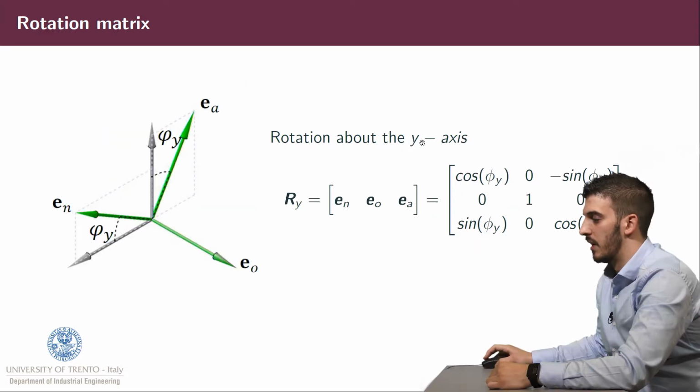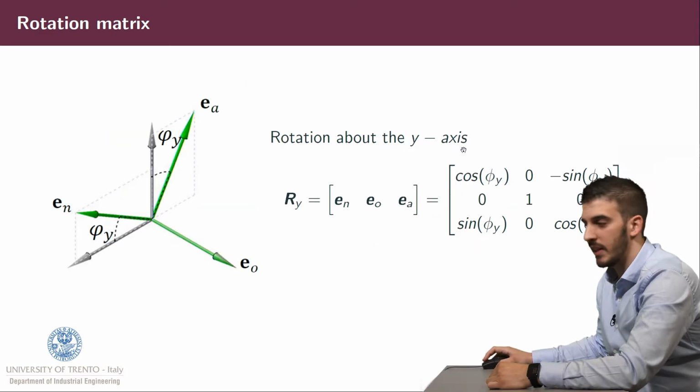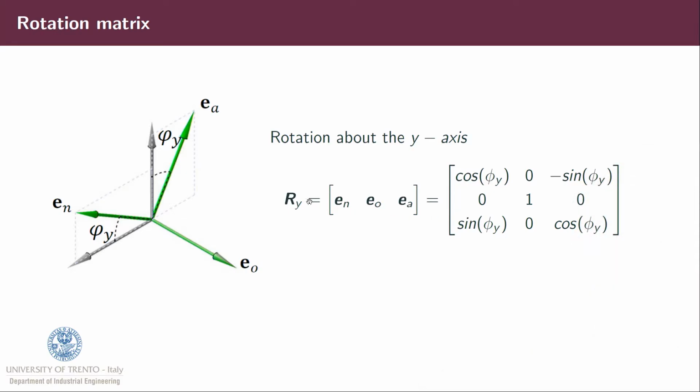We define also a rotation around the y-axis, which is the matrix Ry, equal to cosine of phi y, 0, minus sine of phi y; 0, 1, 0; sine of phi y, 0, cosine of phi y. And phi y is again the angle in figure.